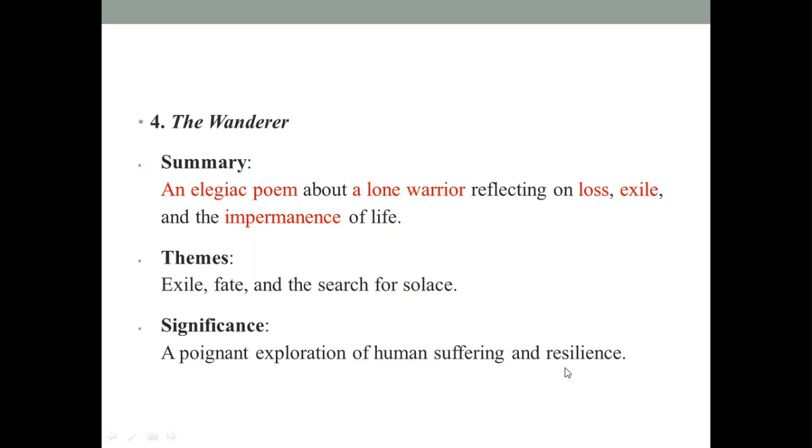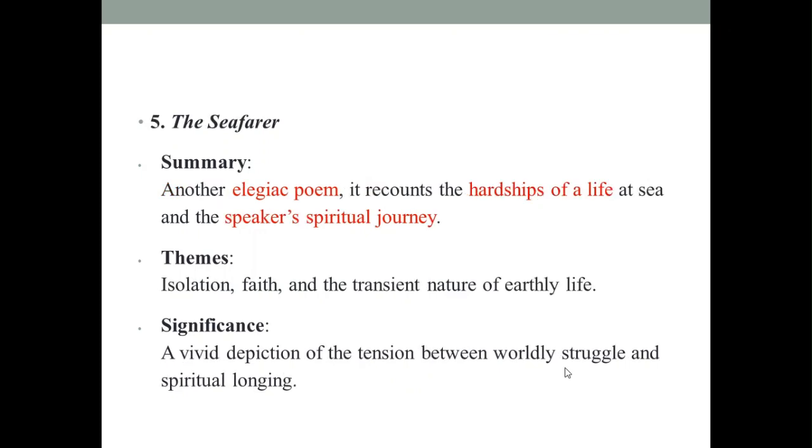So that is the capacity to withstand all the difficulties which we face in life. So these are the important works, and one more is the Seafarer.